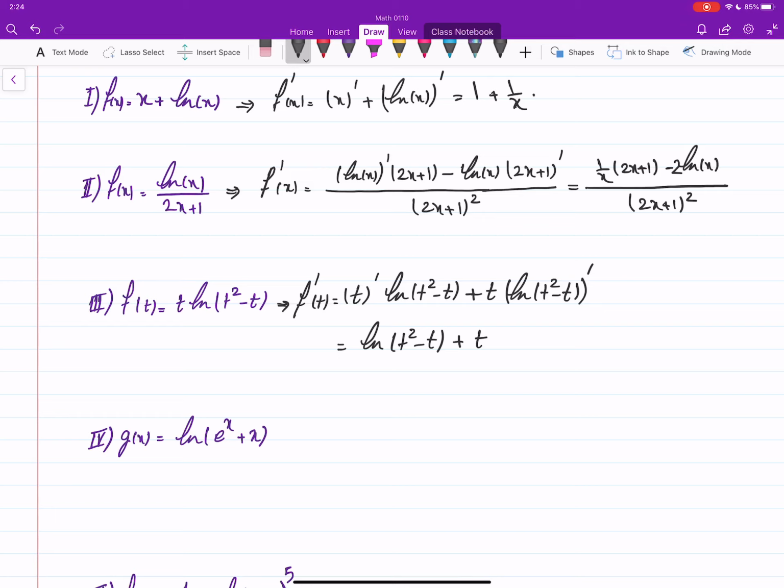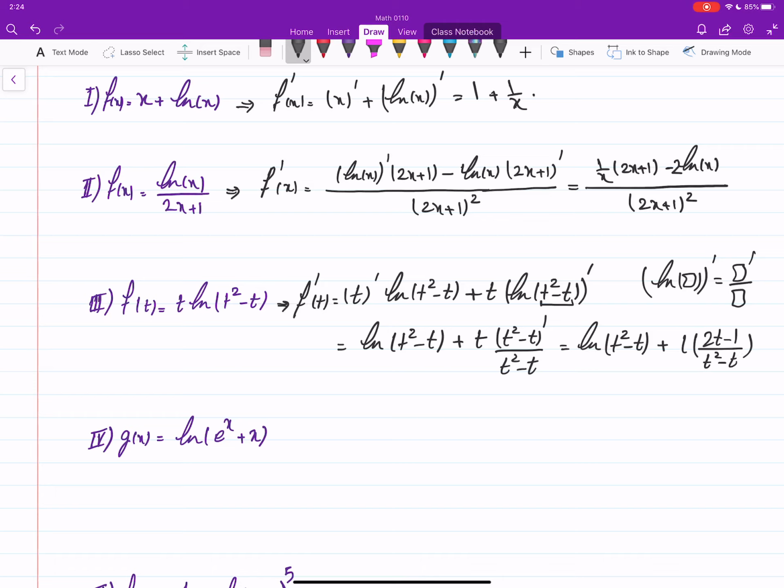We are differentiating with respect to t, but this inside is something else. And you know that the derivative of ln box is box prime over box. Whatever is inside ln, you first find its derivative, then over that box itself. And this gives us ln of t squared minus t plus derivative of t squared minus t is 2t minus 1. And in the denominator we have t squared minus t. The whole thing is multiplied by t.